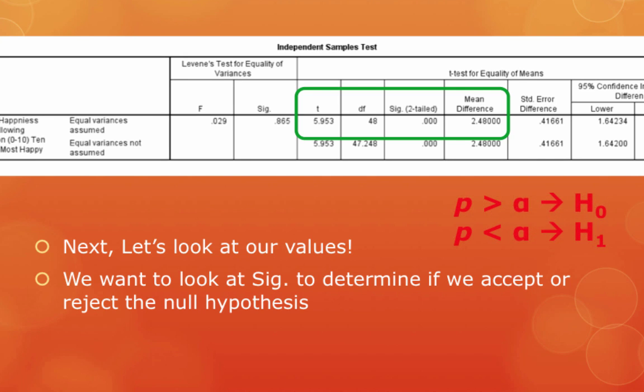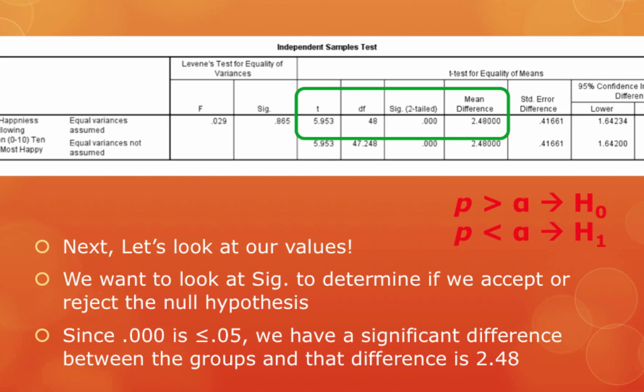Well, if p is less than our alpha, we're going to accept the alternative hypothesis, which means we're going to reject the null hypothesis and state that there are differences. And so since we have significant differences, we want to go ahead and see what that difference is. And we see that right next to our p-value gives us our mean difference. So this is simply the difference between group 1 and group 2.